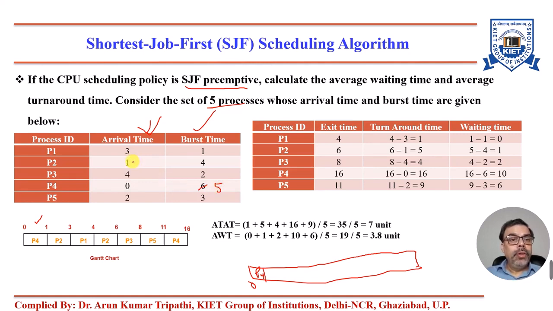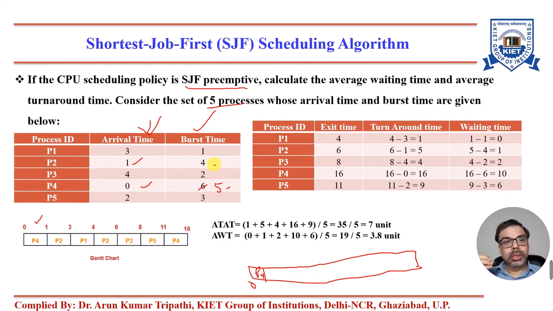Now there are two processes in the ready queue, P2 and P4. The burst time of the process P2 is lesser than P4. So automatically, the processor will be switched over to the process P2 because it has the lesser burst time, and we are using preemptive, meaning the processor will be snatched away.